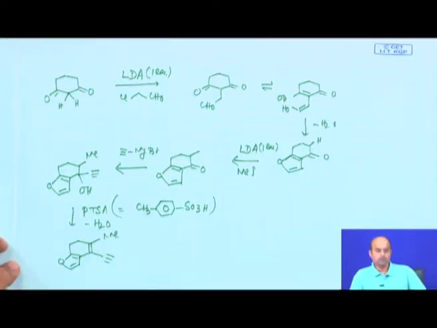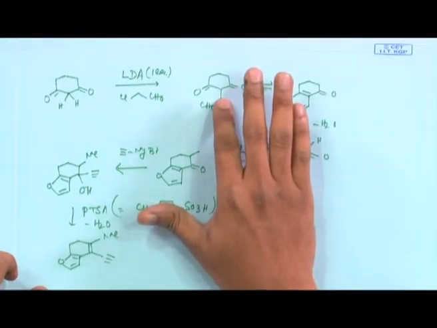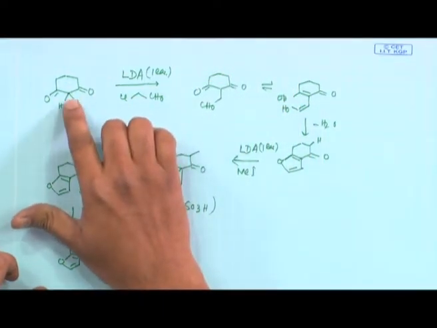So, the entire pathway of this complex molecule, which looked a bit complex at the beginning. We tried to follow a very methodical, strategic approach of stepwise retrosynthetic disconnection, which helps you go in the reverse direction to come to the starting material which was given.